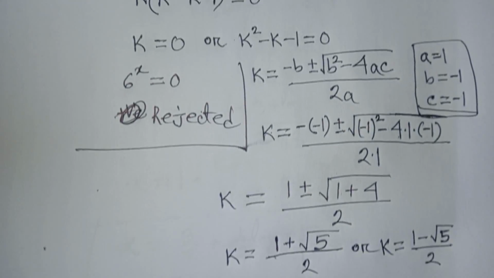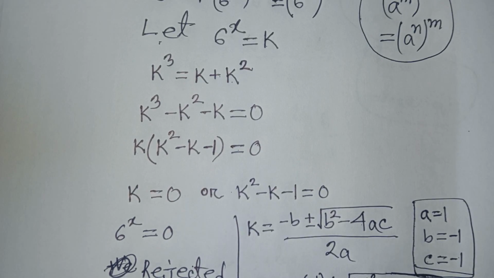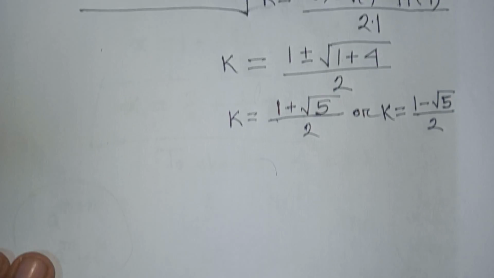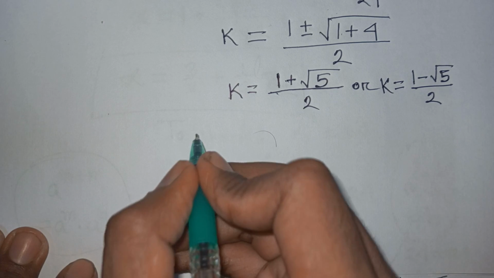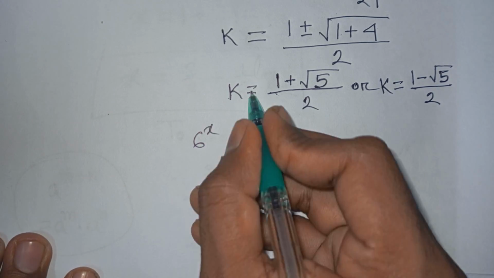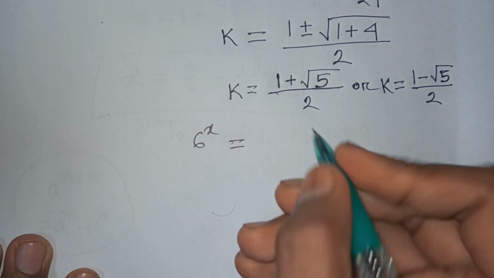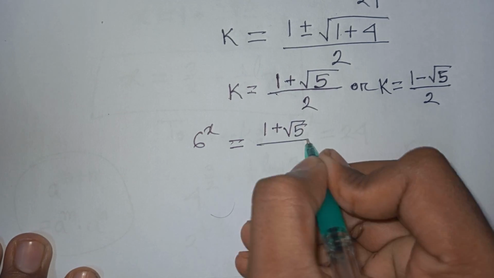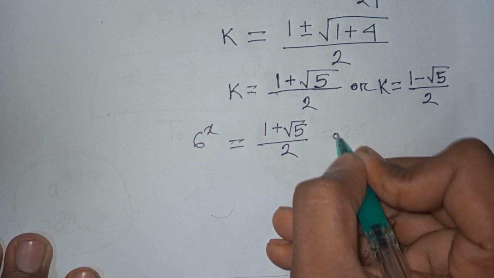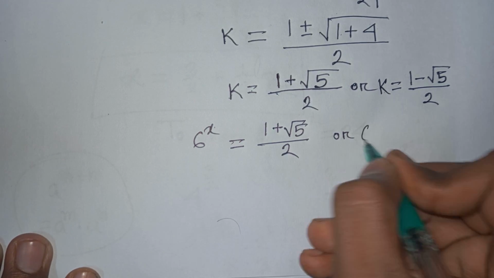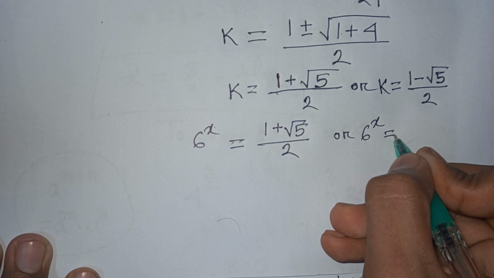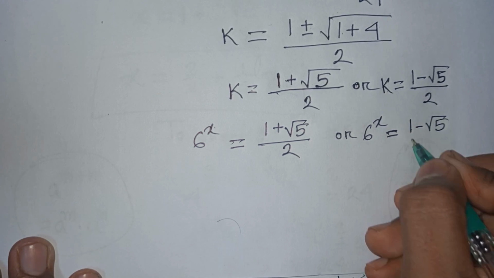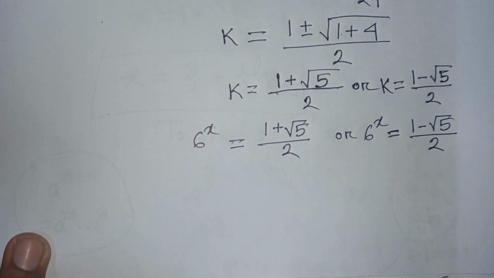Now remember that k means 6^x. So 6^x is equal to (1 plus square root of 5) over 2, or 6^x is equal to (1 minus square root of 5) divided by 2.